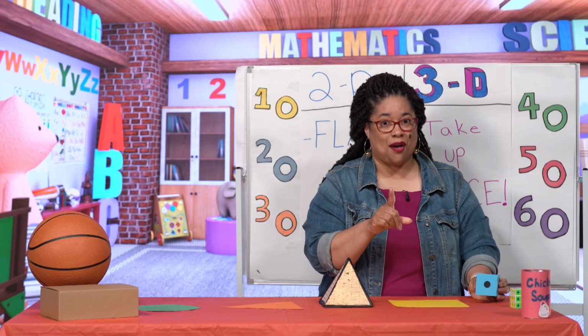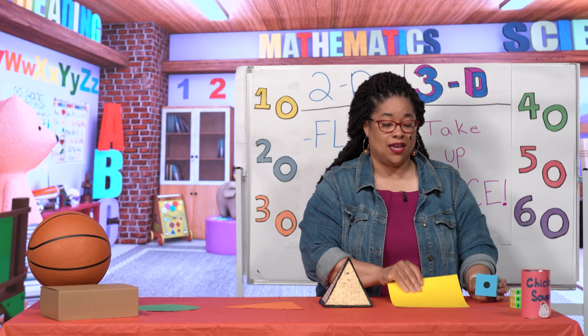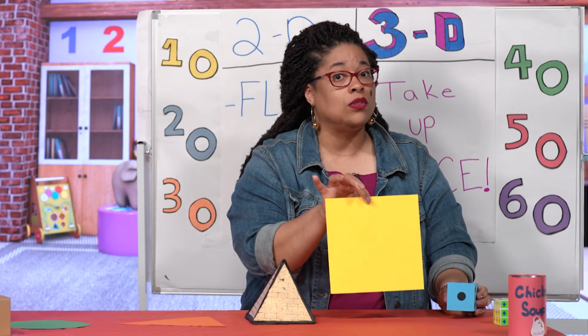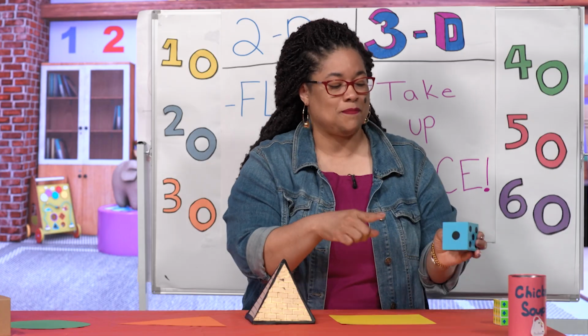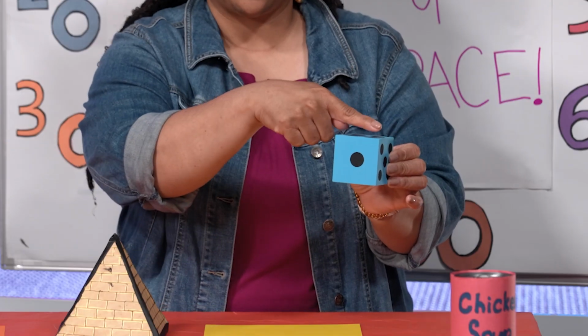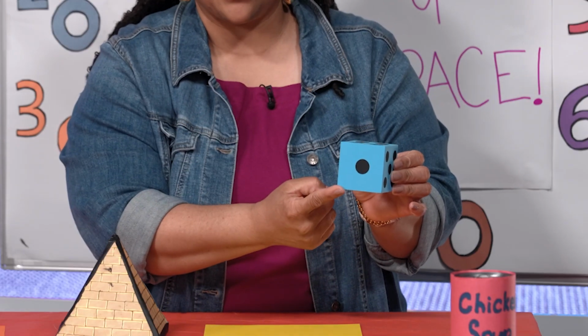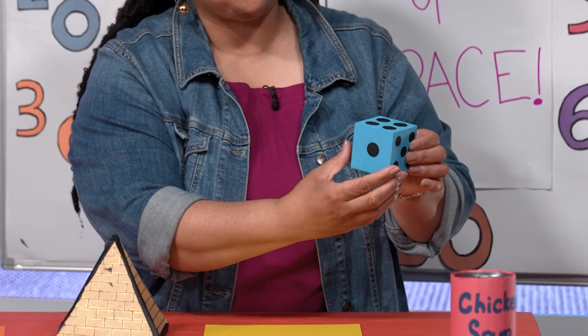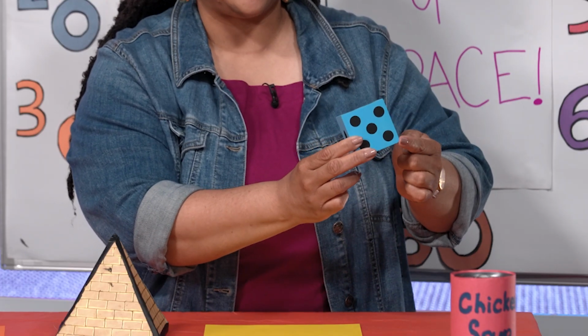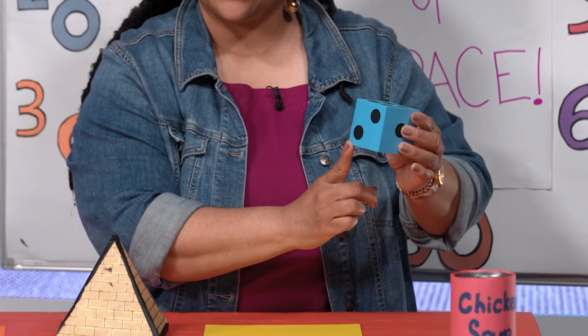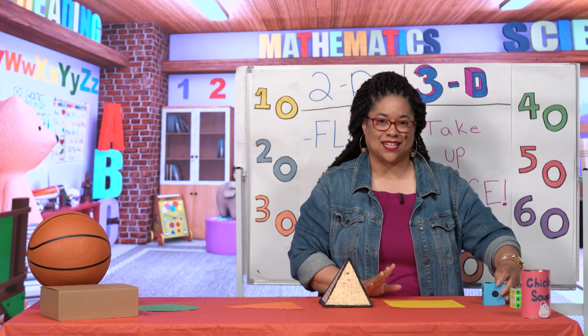Now, I think we can count the corners, so let's try. Now, remember, the square only has 4 corners. Let's see how many the cube has. 1, 2, 3, 4, 5, 6, 7, 8. My goodness, that is a lot.